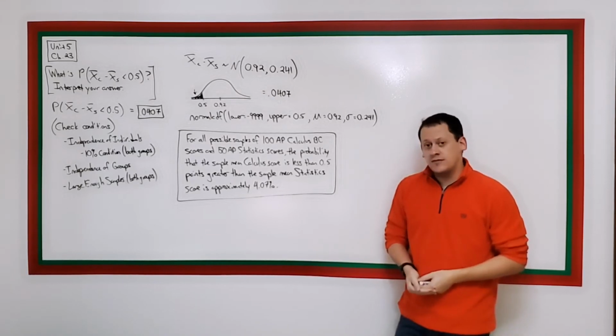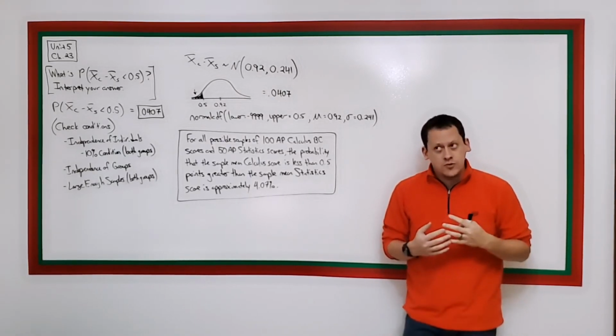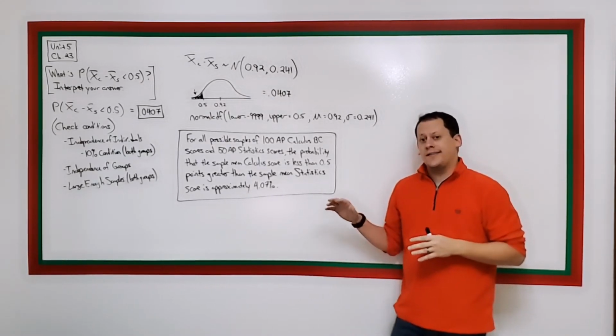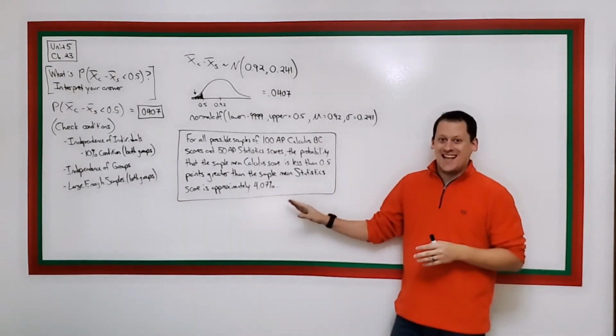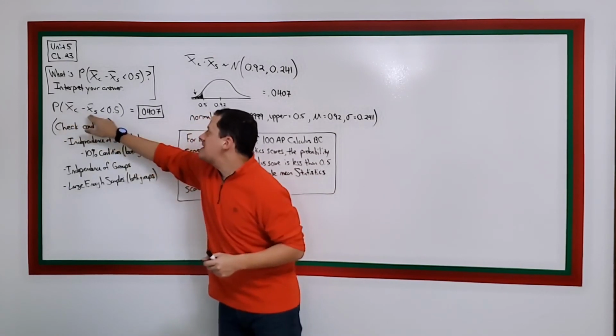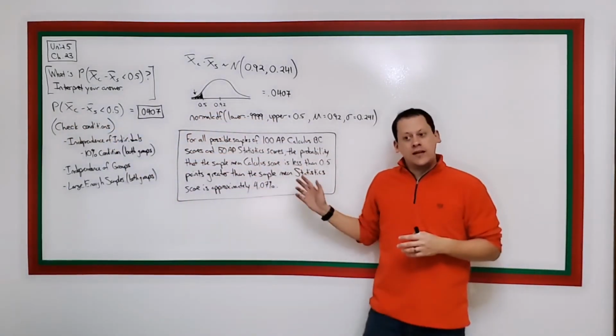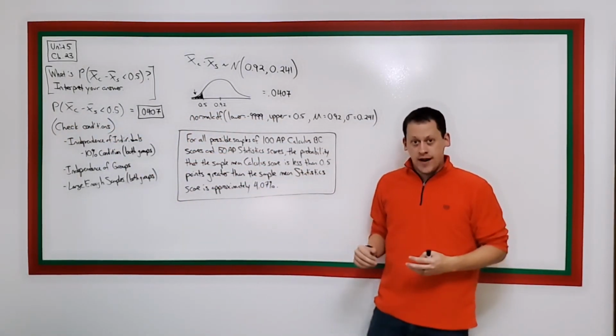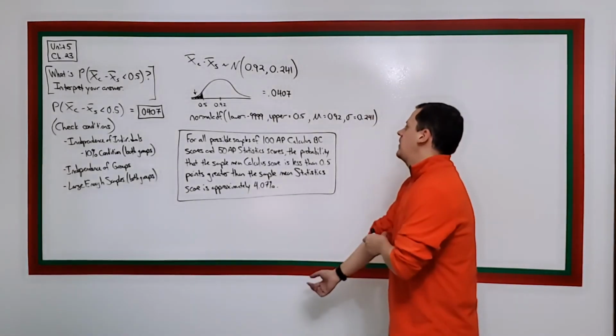Here's my interpretation. And once again, I want to make sure you know the interpretation does not have to say this exactly. As long as you interpret what the probability of this being less than 0.5 is, it can look different than this and still be correct. Let's go through it.